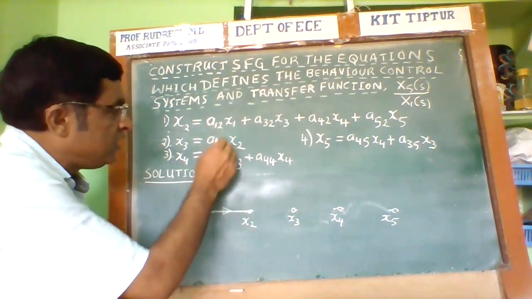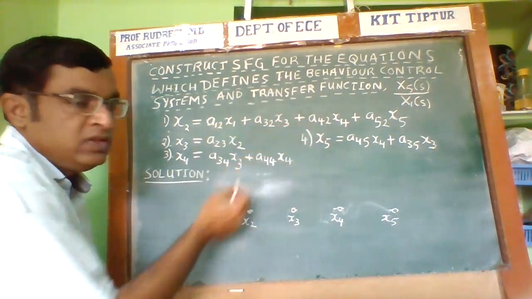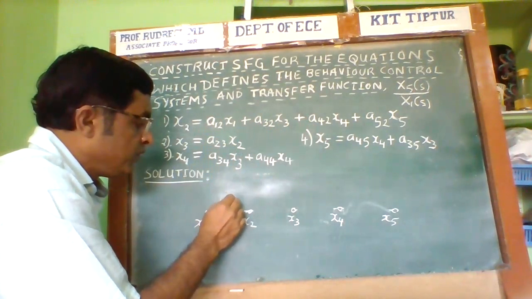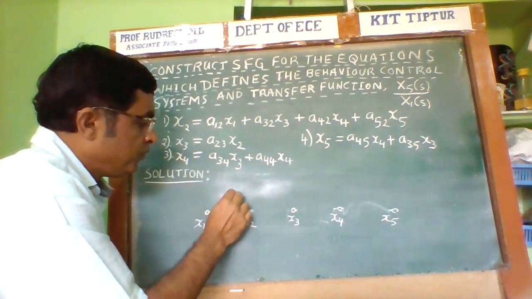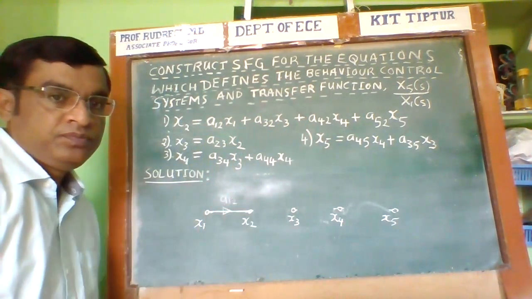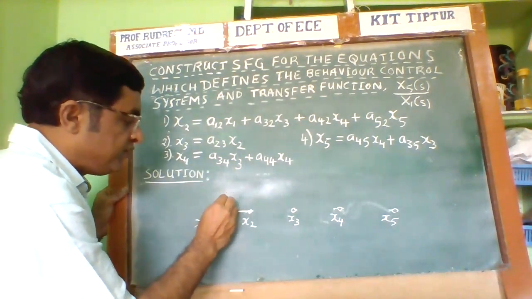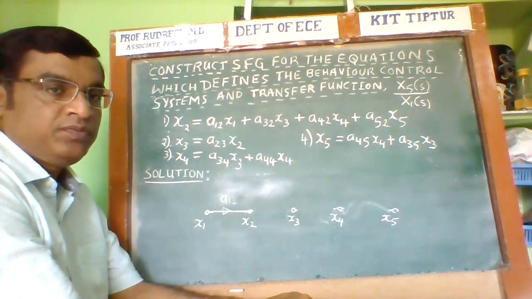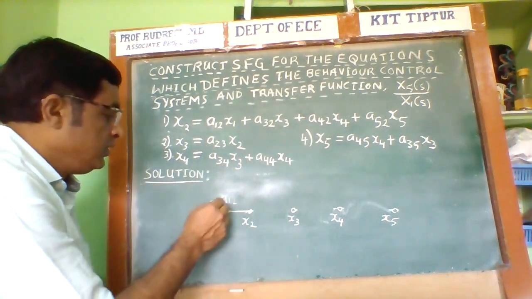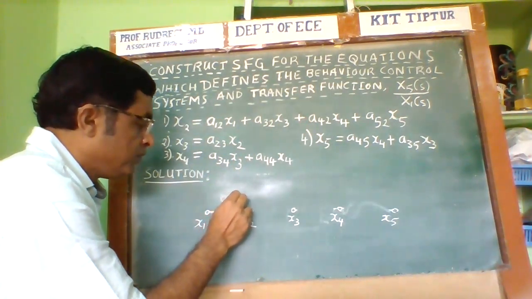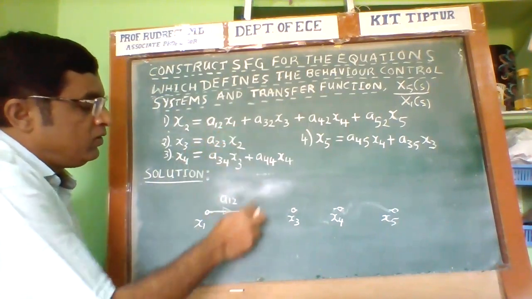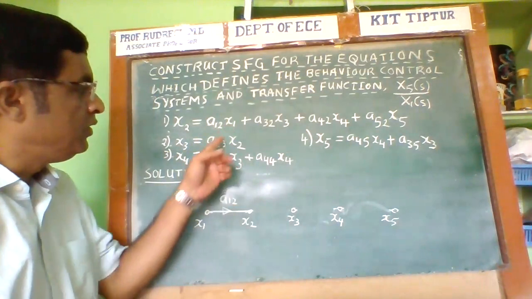The gains of the branches are A12, A32, and so on. A12 is the gain of the branch, so A12 into x1 is the first signal.